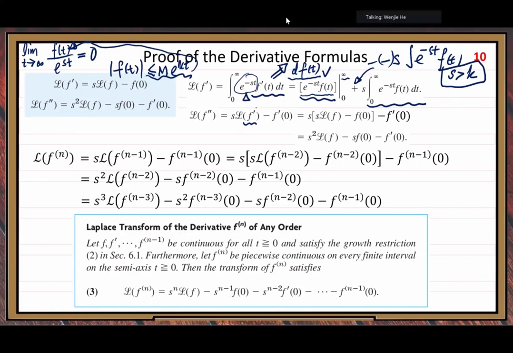With this method, the Laplace transform, you can solve higher order ODEs in a straightforward way. Although the calculation is a lot of tedious work and could be very messy.